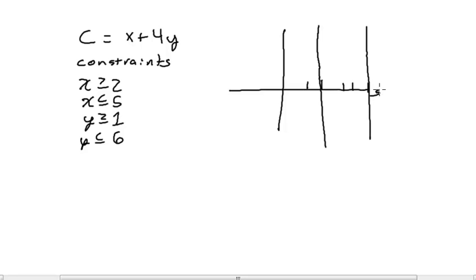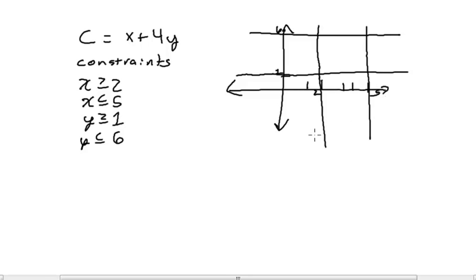That's 5, and that's 2. y is greater than or equal to 1. A y equals line is a horizontal line. That's 1. y is less than or equal to 6. That'll be 6. Okay, so this was our axis here, and this was our axis.